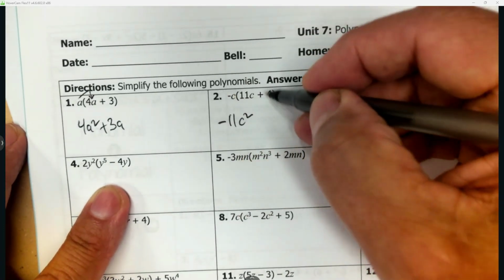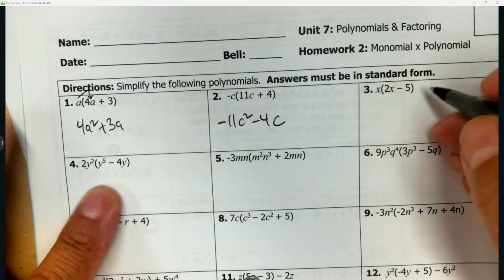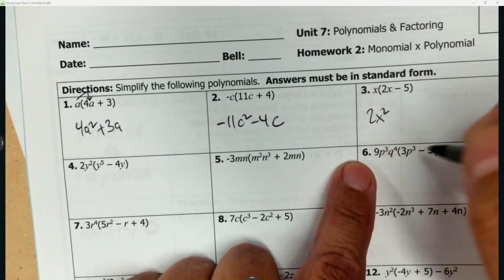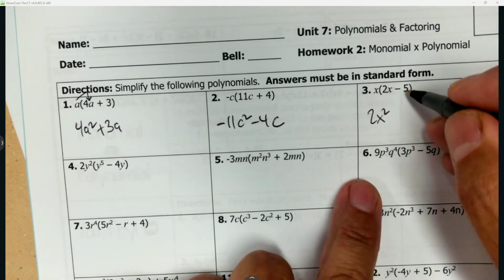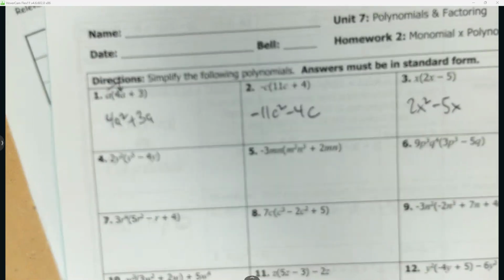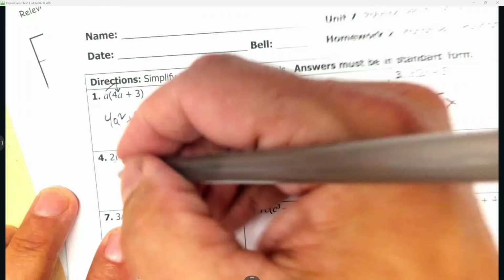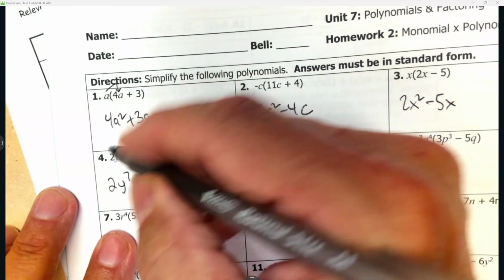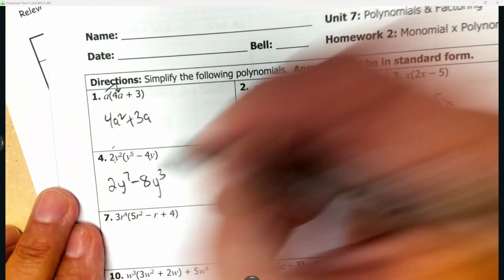Negative c times 4 is negative 4c. X times 2x. X times negative 5. 2 times 1, and then add the exponents. 2 times negative 4, and then add the exponents.